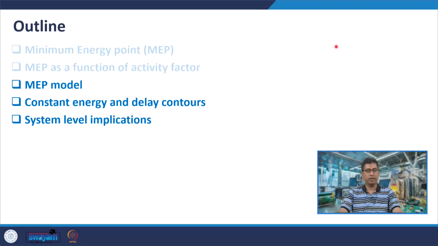Let us begin with the second lecture in this module 2. In the previous lecture we had discussed the minimum energy point, that is, the value of supply voltage VDD which ensures a minimum energy operation, and we also discussed the minimum energy as a function of activity factor.